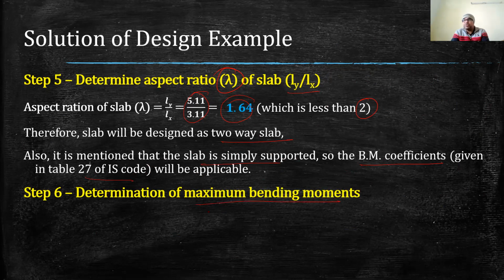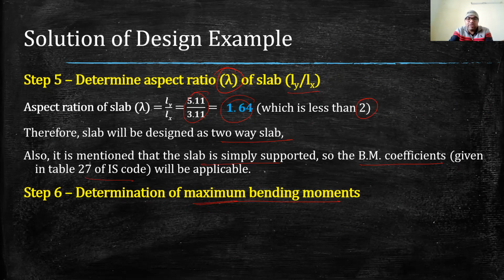The next step would be to find out the maximum bending moment. Why are we calculating maximum bending moment? Because the load which is coming on the slab creates bending moment within the slab, and the maximum value of that is required to be found, so that we can check whether the thickness of the slab that we provided in the second step is sufficient or not. To check that, we have to calculate the maximum bending moment.